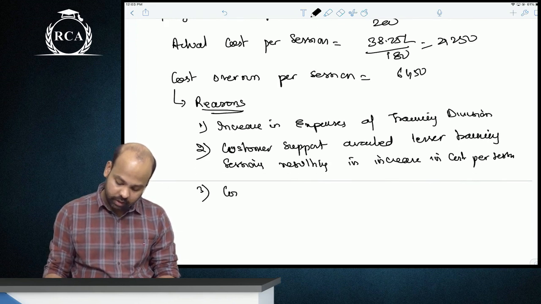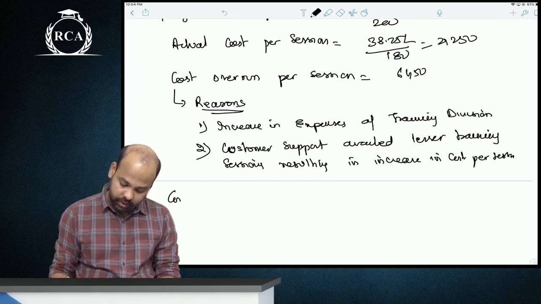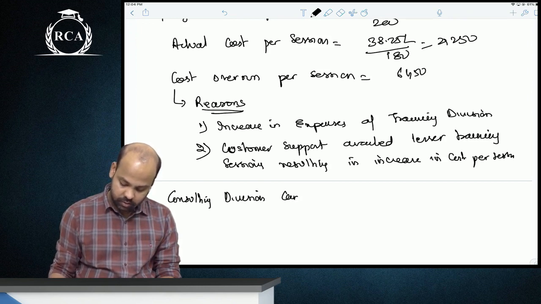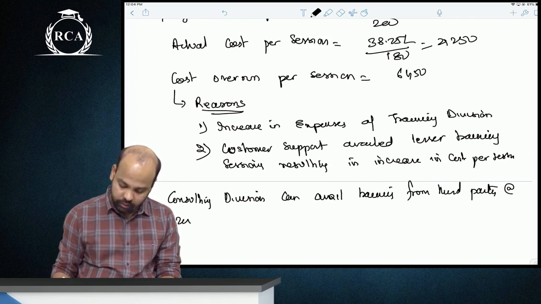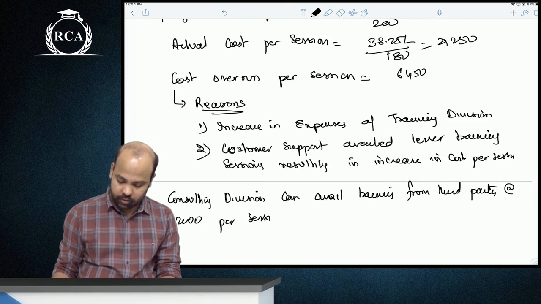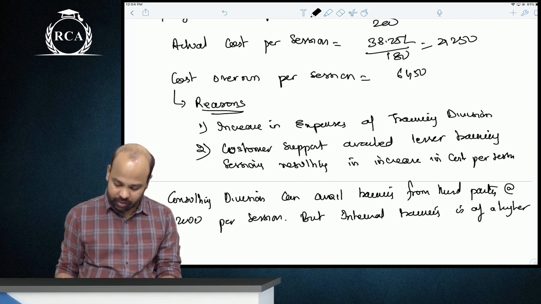And then your consulting division can avail trainings from a third party at 12,000 rupees only. Yes, but internal training is of a higher quality, customizable, is of a higher quality.